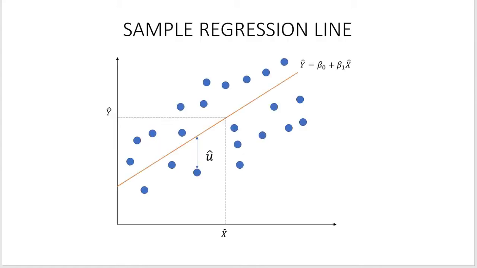To recall what we discussed last time, here you can see the sample regression line, which stands for the relationship between the independent and dependent variable. Basically, this is the expected value of y conditional on this value of x.